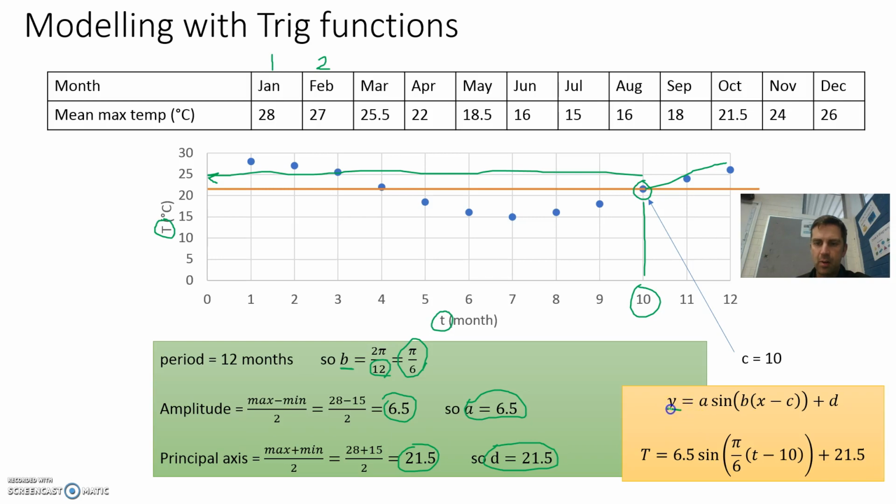In this case, our y value is big T. A is 6.5, b is pi over 6. Our x is actually what we've called t, so I'm going to change that to a t minus 10, which was our c value, and then add on 21.5. And this equation here would give us our model for temperature.